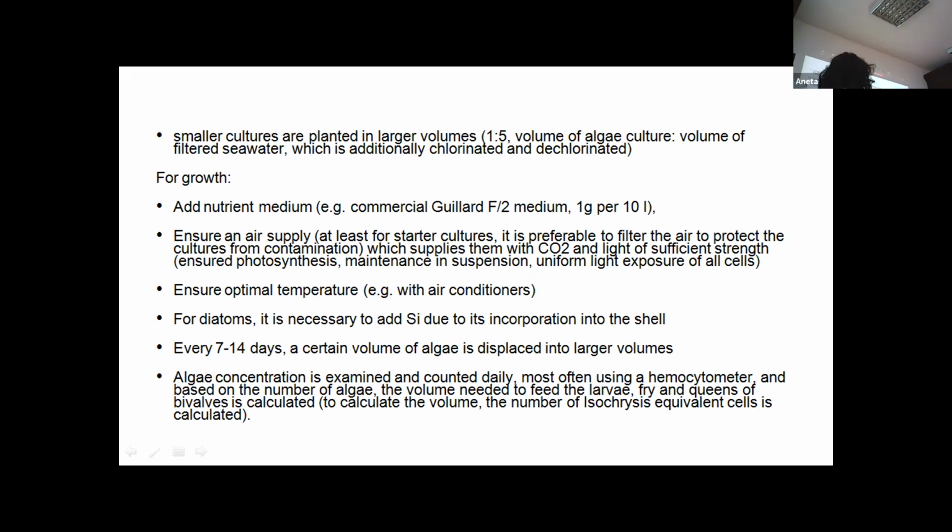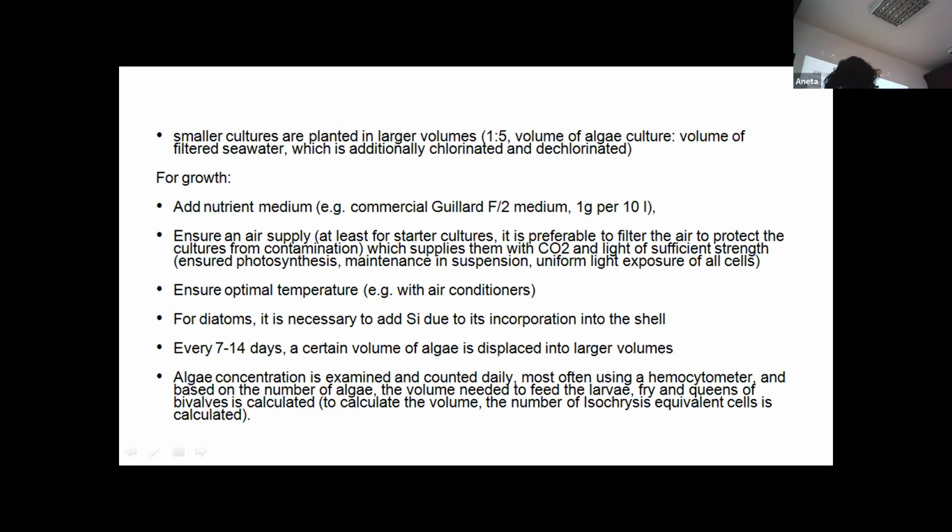Then we need to ensure air supply. This air should be filtered somehow, at least for smaller culture. Until intermediate culture, we have antibacterial filters, and this is a suggestion.